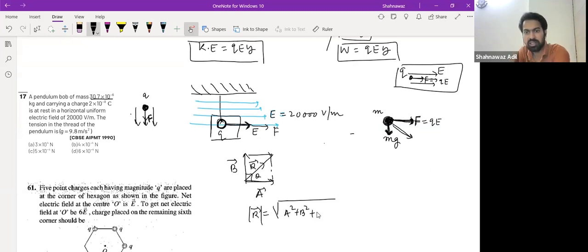Yes, Aisha, what is this value? 2AB cos theta. Yeah, you remember now. And what is cos theta here? Theta is 90, so cos 90 is 0, so this cancels, and we have only A square plus B square.